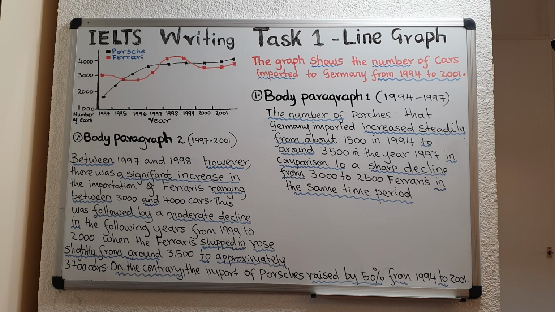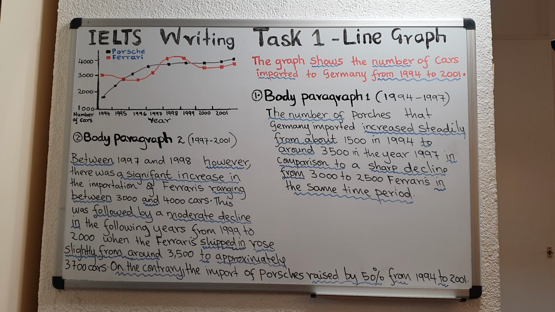In our case, we have years from 1994 to 2001. So you need to divide those years into 2. Remember, you have to do that division very logically, okay? There has to be some logic in your division. Either way, you have to divide the information that is provided in the graph into two parts.